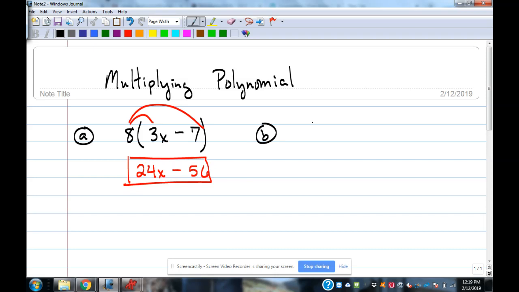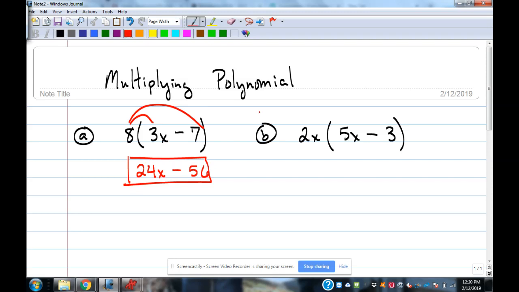That one is easy. It gets harder, no doubt. You guys know that. It's not anything new here. So let's say we had something like this. Let's say we had 2x parentheses 5x minus 3. So here we have a monomial, 2x, because it's just one piece, times a binomial again. So it's the same kind of problem as this, but it's got letters in it. So when we distribute, we're distributing 2x to both pieces, not just 2.